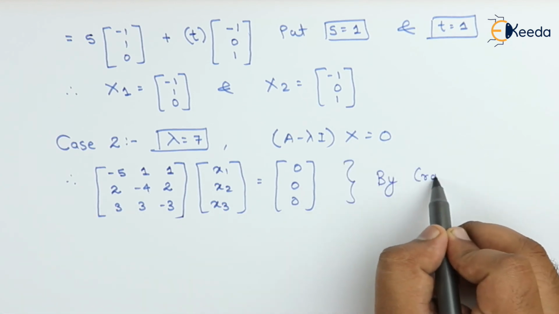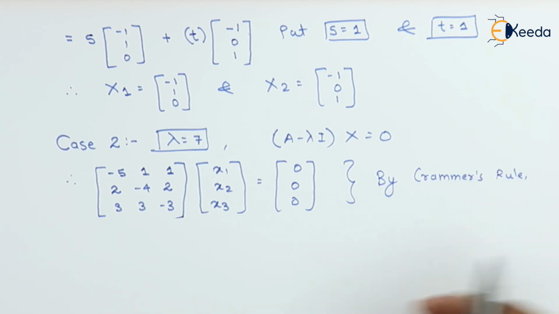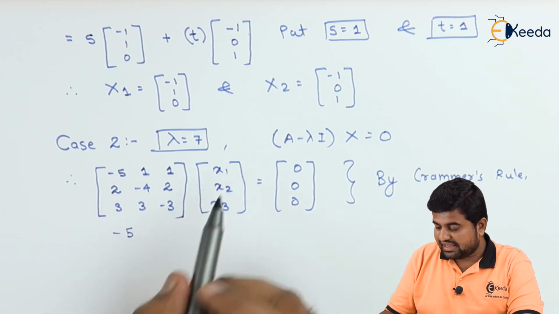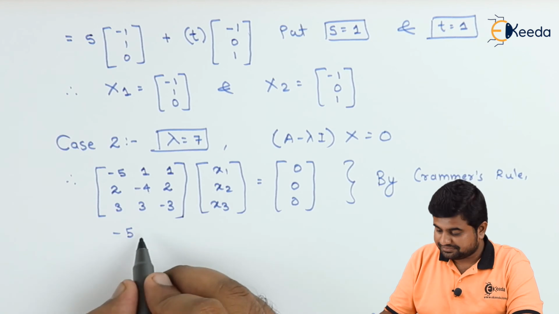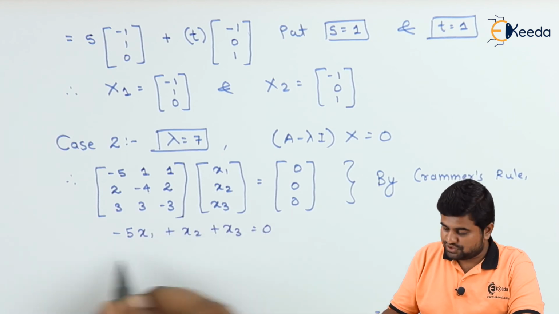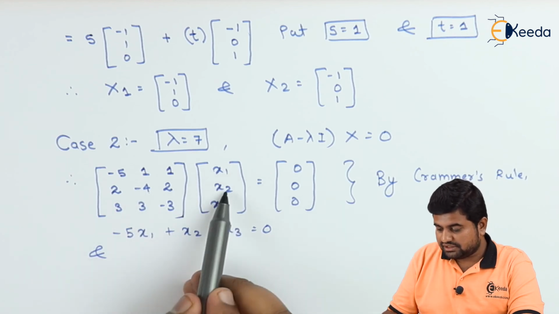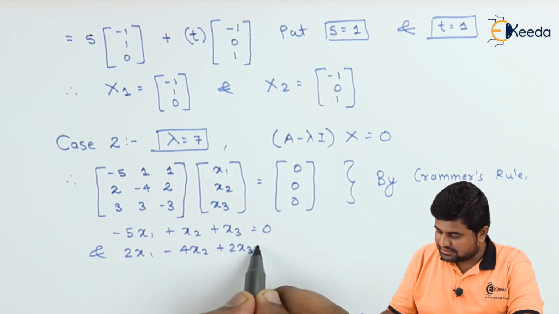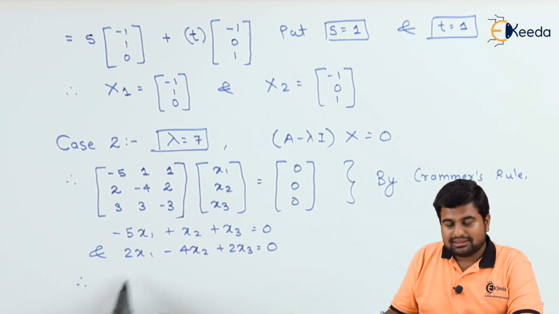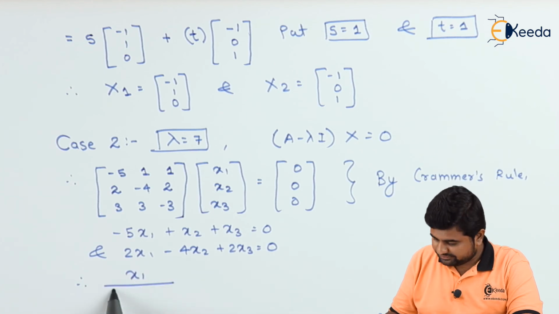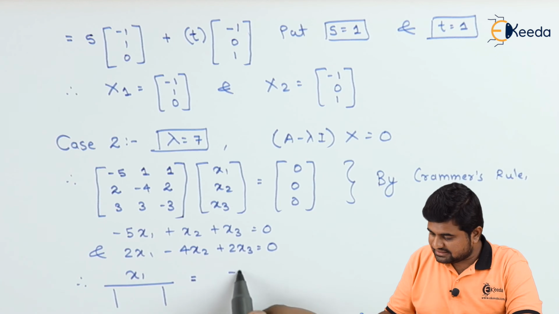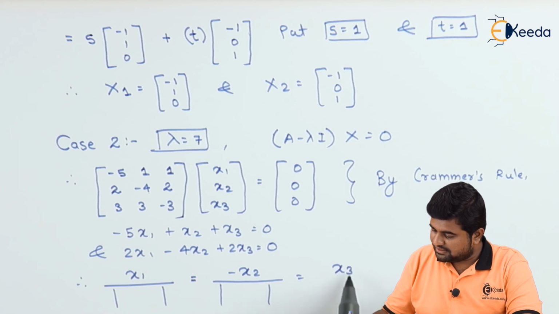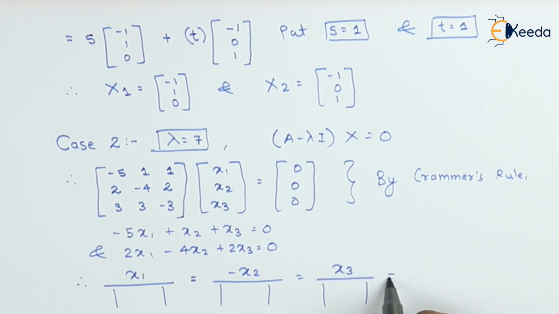By Cramer's rule, we consider the first two equations by convention: minus 5x1 plus x2 plus x3 is equal to 0 and 2 into x1 minus 4 into x2 plus 2 into x3 is equal to 0. Therefore, let us consider x1 divided by determinant, minus x2 divided by determinant, is equal to x3 divided by determinant, is equal to k.